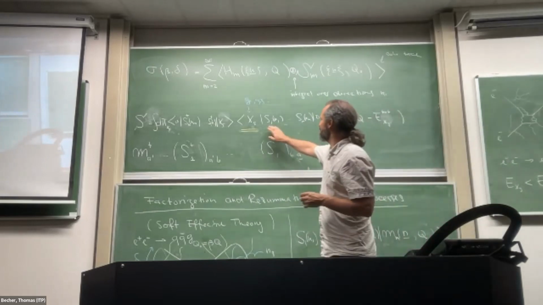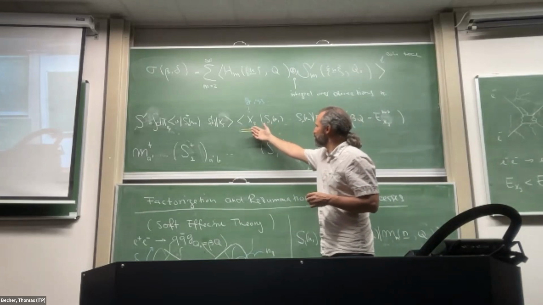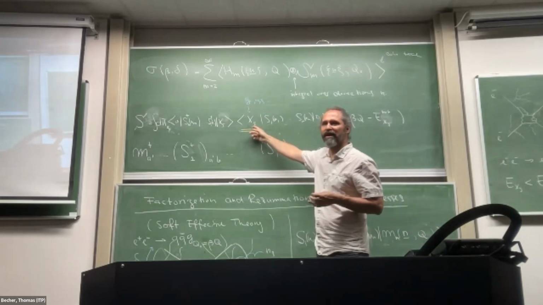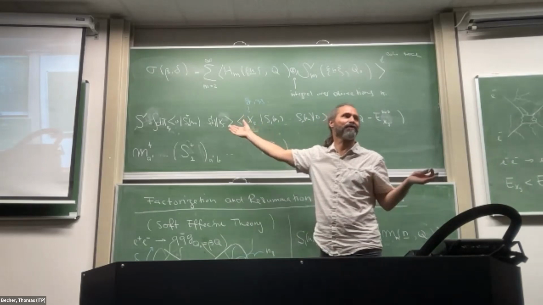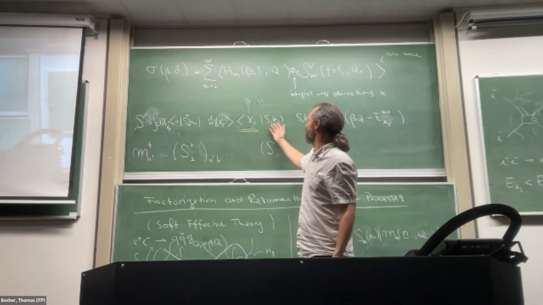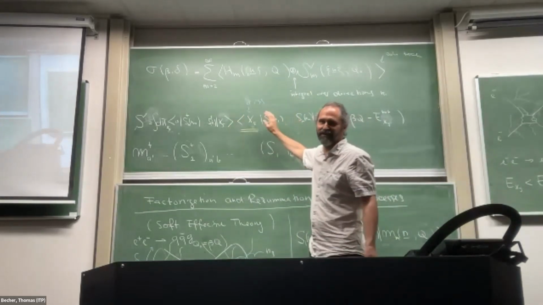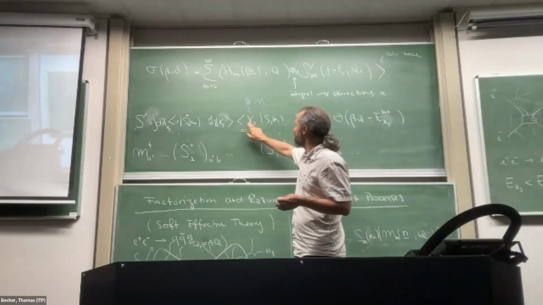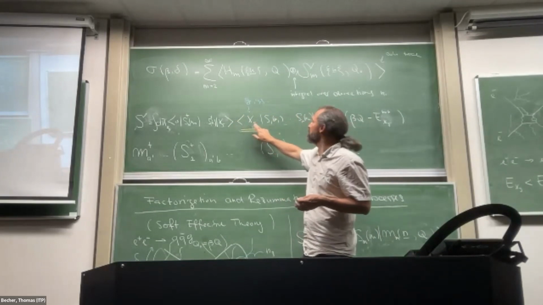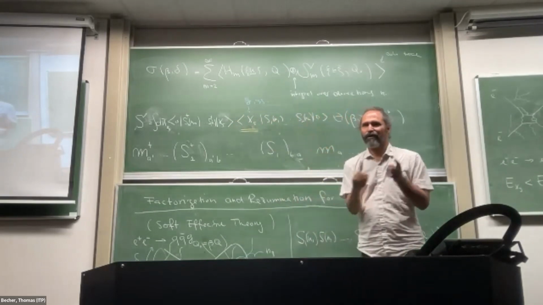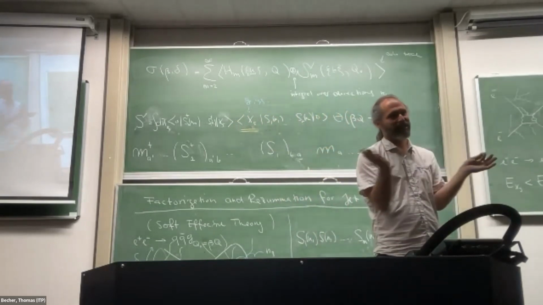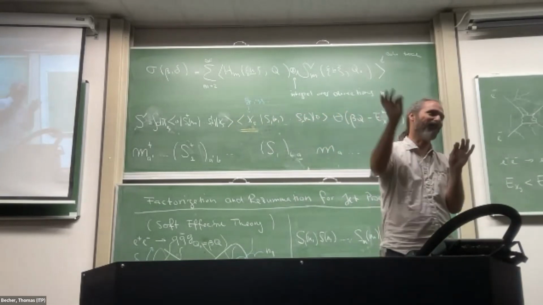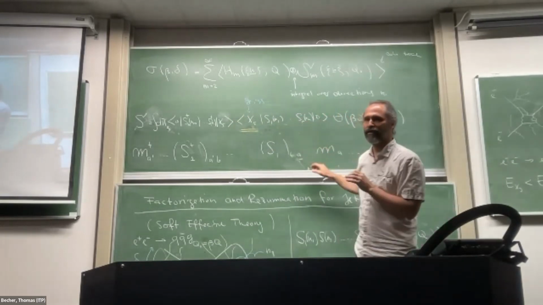So if I really want to compute something, then I will have to start with states. Let's say I have the vacuum state here. Then you would say, well, I can only have loop corrections or nothing. So all these A's have to take care of themselves. Let's say I have two gluon states. Then each of these Wilson lines, one of them has to do an emission, all the other ones should shut up. So then you get one emission from one of these.